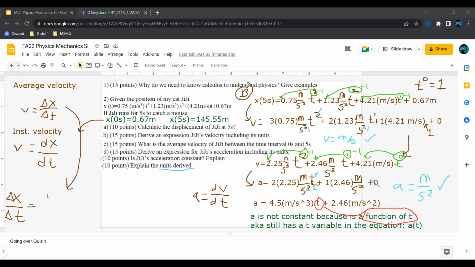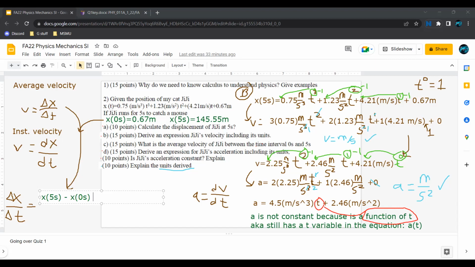Let's do this with the text box, which is x at 5 seconds, right? Because this is our bigger number, bigger in terms of what occurred last in time. It's minus x at 0 seconds.